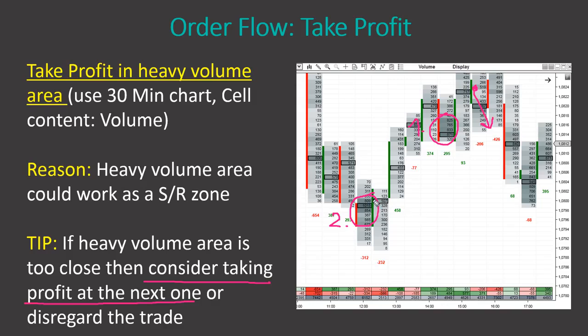So you would choose this one because this one is too close, or you can disregard the trade. So not enter the short if you see that the take profit would be too close, that the risk reward ratio would be too negative. It's just better not to take such a trade. All right, so you have two options: either take the profit in here or not to trade the short at all.